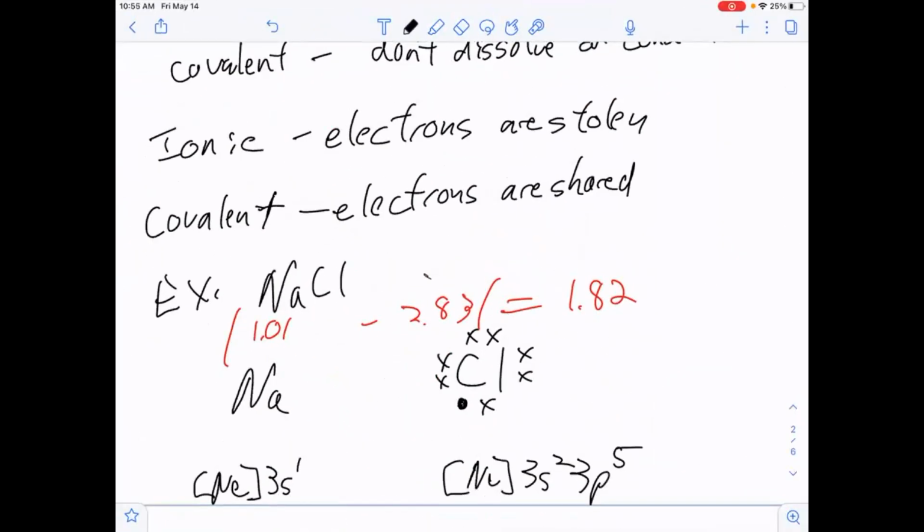So what happens when you gain an electron? What happens to your charge when you gain electrons? Do electrons have positive or negative charges? Negative. So if I gain one electron, I'm going to become negative. Sodium lost an electron, so it will become positive.